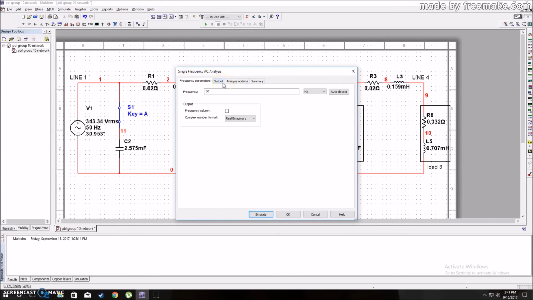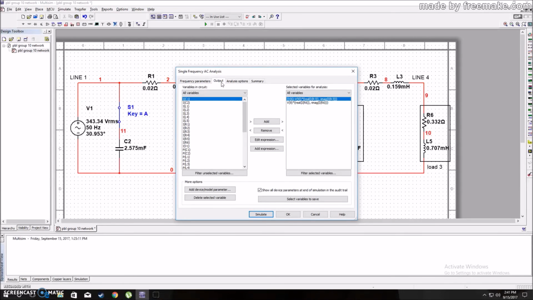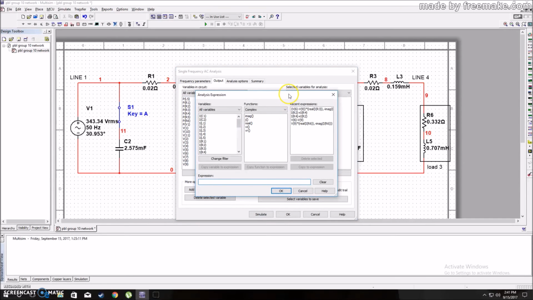So we're going to prove it by also using the complex number format of real and imaginary to get both true power and reactive power value. So I'm going to remove the variables, and we're going to get the new apparent power and the new reactive power by using the S equals to V times I formula.